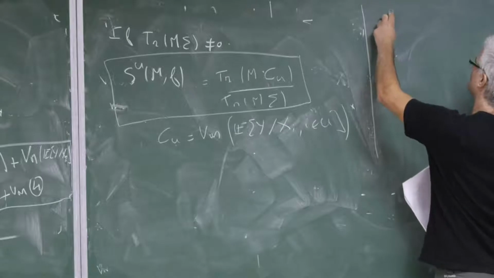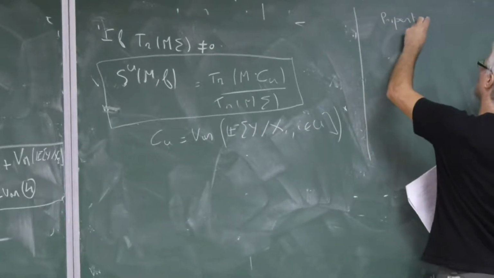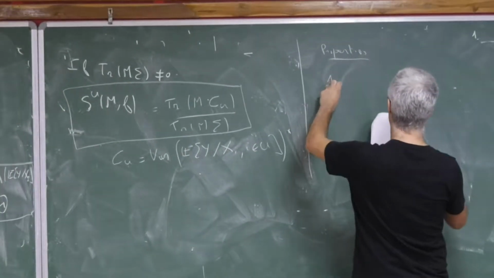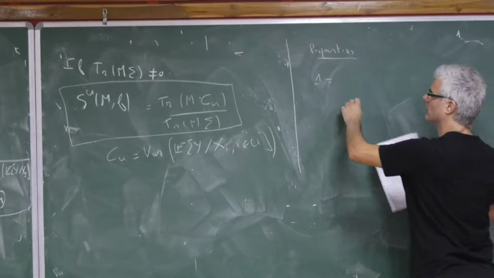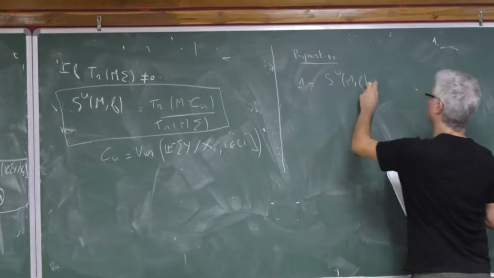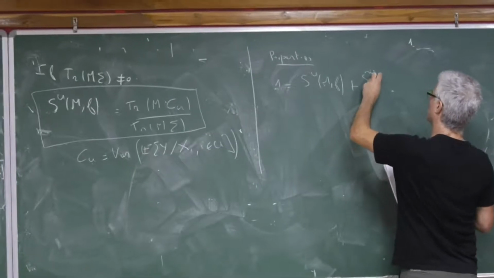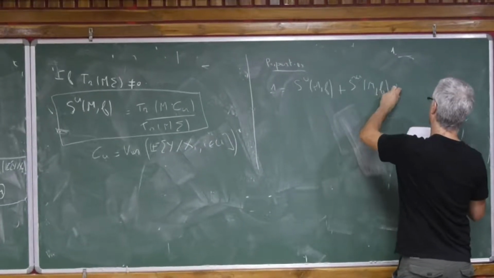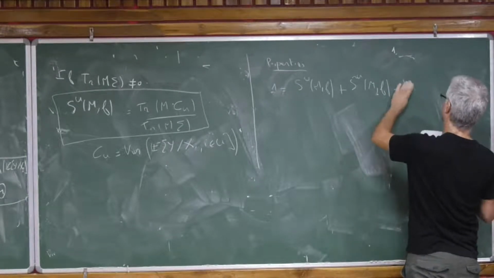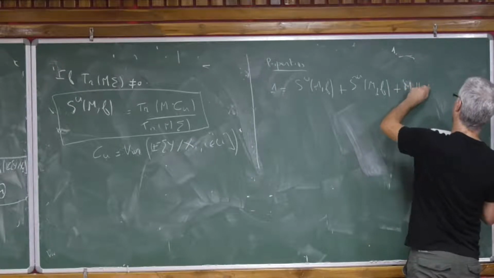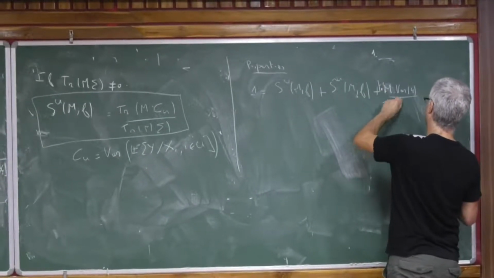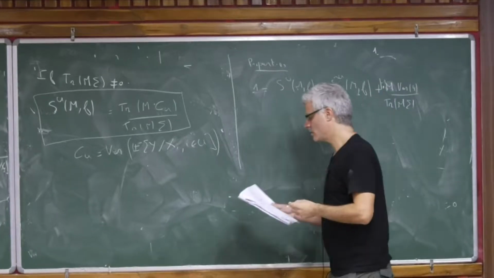Okay, so property, we directly have the sum of the index. So we have that 1 equals to, okay, so they sum to 1.